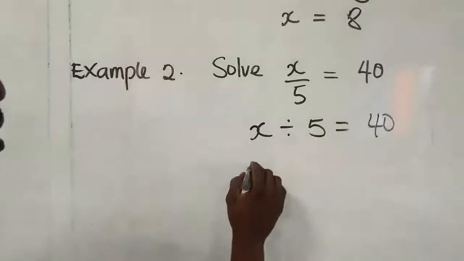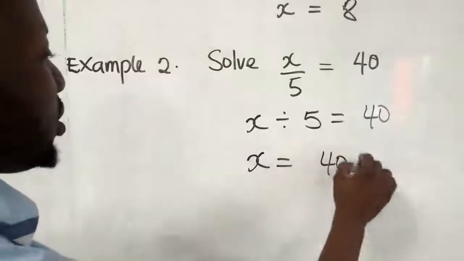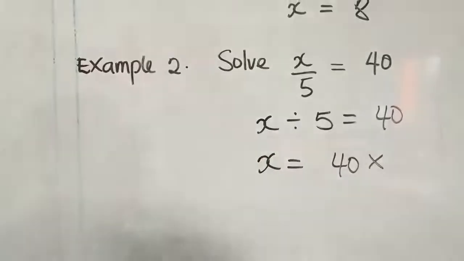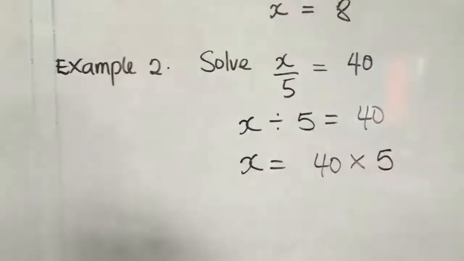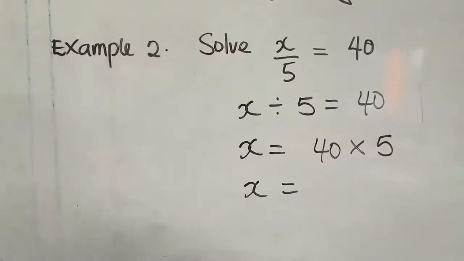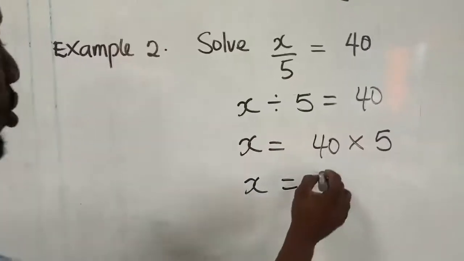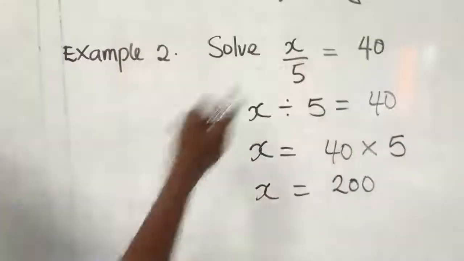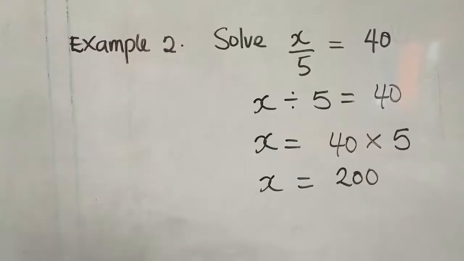So here we can say x is equal to 40 times 5, because the inverse of division is multiplication. X is equal to 40 multiplied by 5, the answer is 200. Therefore, the missing number here, or the variable here, is 200.